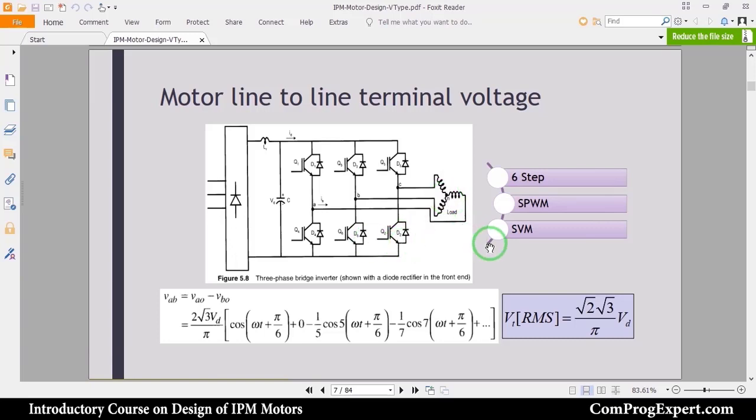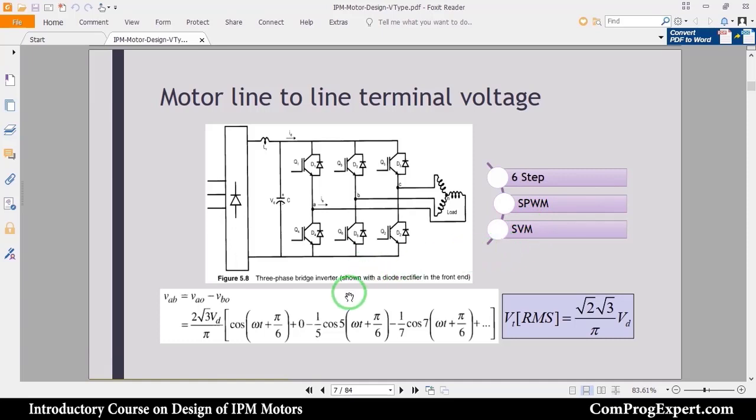So based on the switching strategy that we are going to use for the inverter, we can calculate the line-to-line terminal voltage. As you know, we have different switching strategies, for example, 6-step switching, sinusoidal PWM switching, or space vector modulation switching.